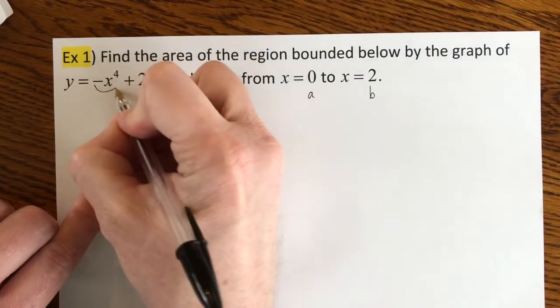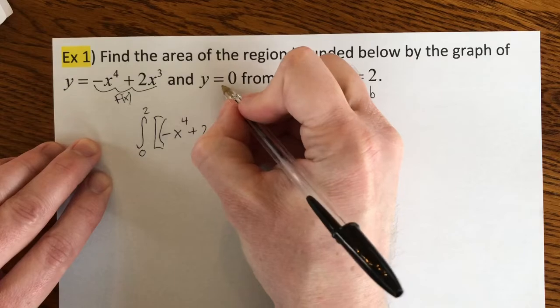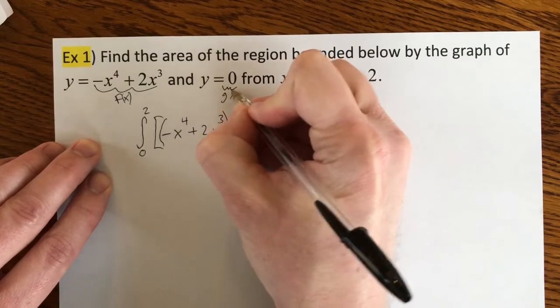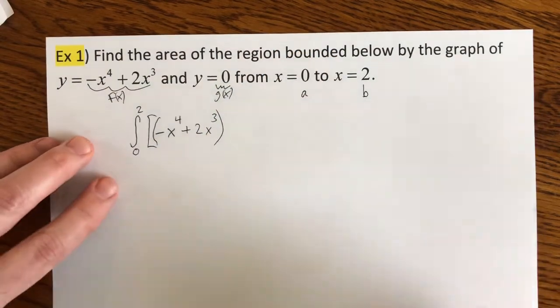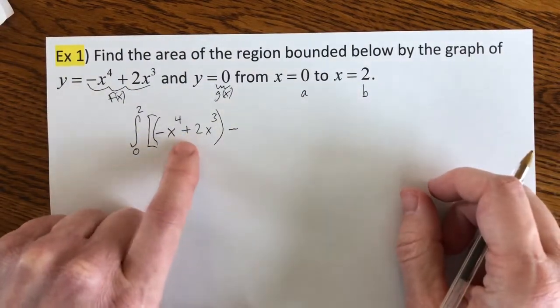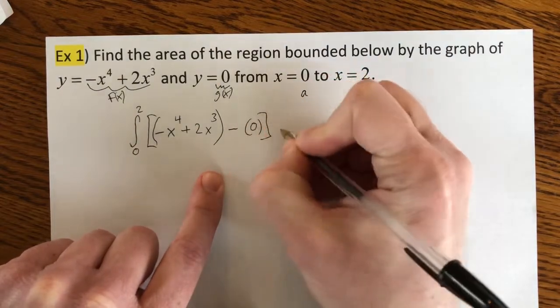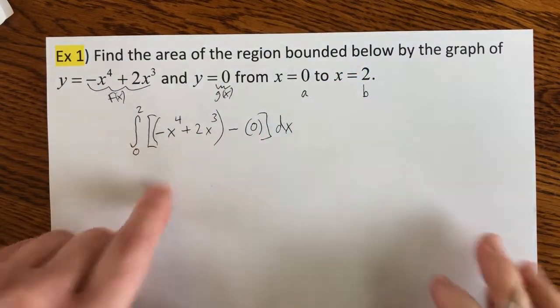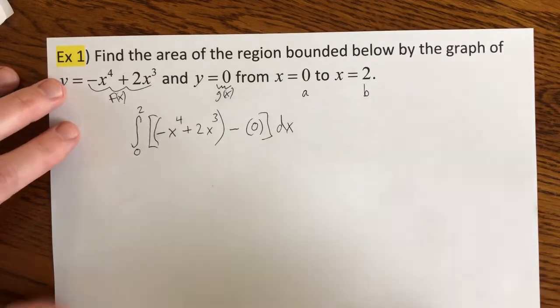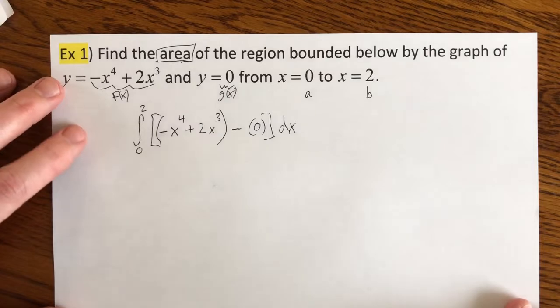This is our g of x, based on the notation we just saw. And we also just looked at it graphically. We know this is greater than 0, all right? So this is actually how you're setting it up. If you don't set it up this way, you're going to get a negative answer. And we're looking at area, so we know the answer has to be positive.